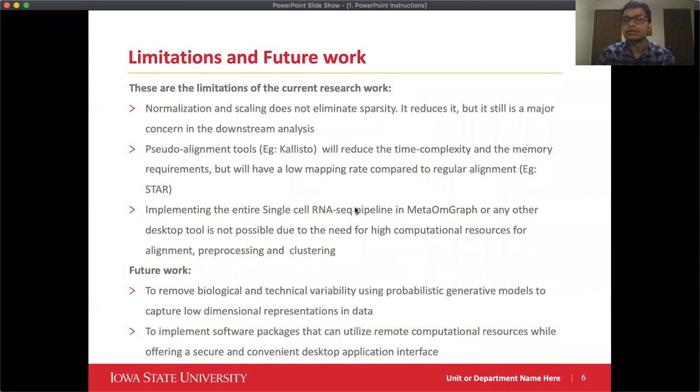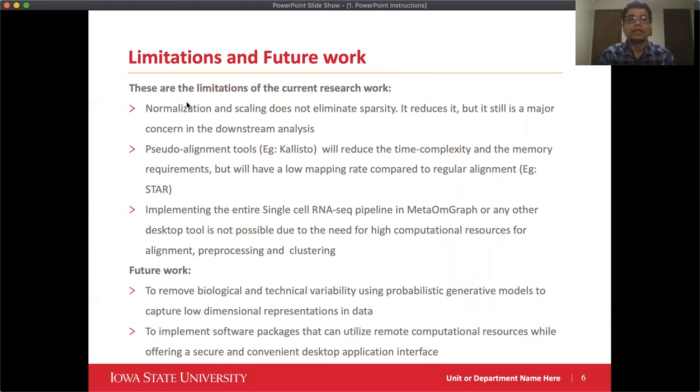And the limitations of the current research work are, the first thing is the normalization and scaling. They do not eliminate sparsity. It reduces it, but does not eliminate it. And another limitation is the pseudo alignment tools, which we are experimenting on. These are computationally very efficient, but they have low mapping rates compared to an actual alignment tool.